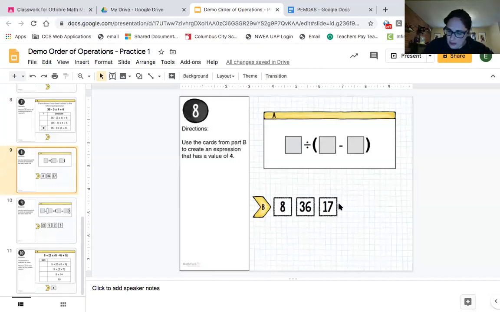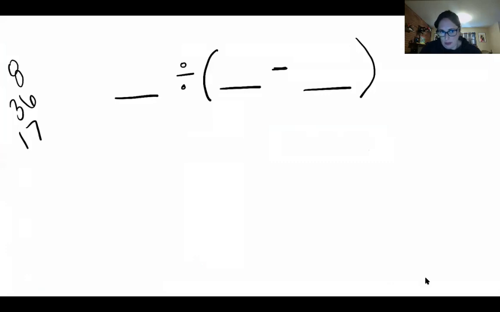Let's see. We have blank divided by parentheses, blank minus blank, parentheses. And my options are 8, 36, and 17. Oh man, this is cool. Okay, so that's my problem.